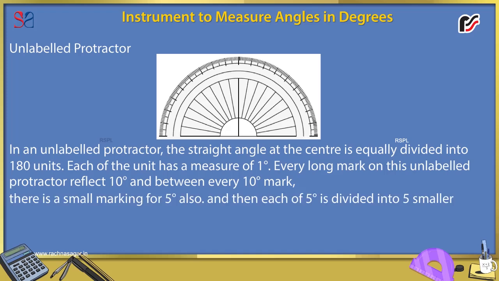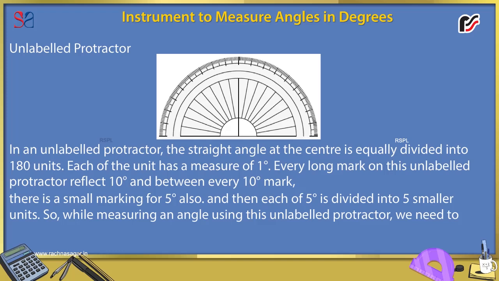And then each of 5 degrees is divided into 5 smaller units. So, while measuring an angle using this unlabeled protractor, we need to calculate using the markings for 10 degree and 5 degree.